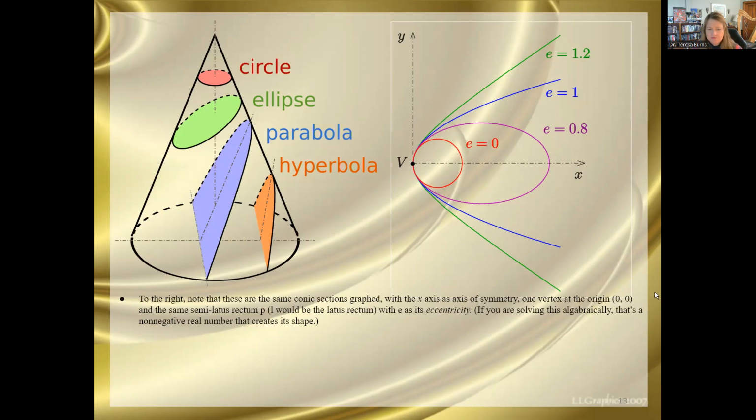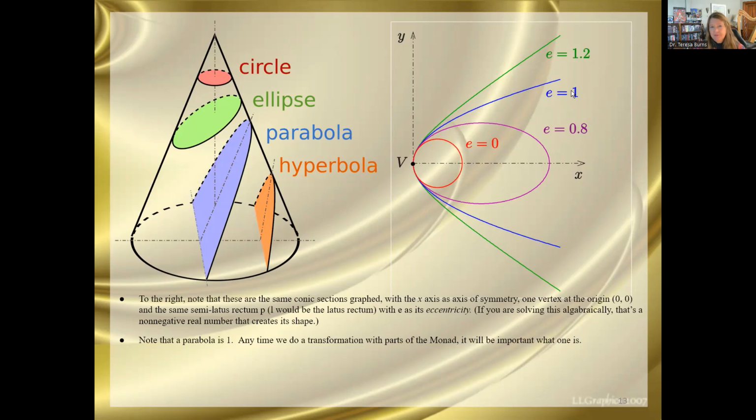And here's the origin. If you solve this algebraically to get the eccentricity, you get a non-negative real number that creates the shape. A non-negative real number is also what Dee would consider a Euclidean number. Now, figuring things out to multiple decimal points is something they can't do, but dealing with eccentricities that equal 0 or 1, yeah, that's real easy to do.